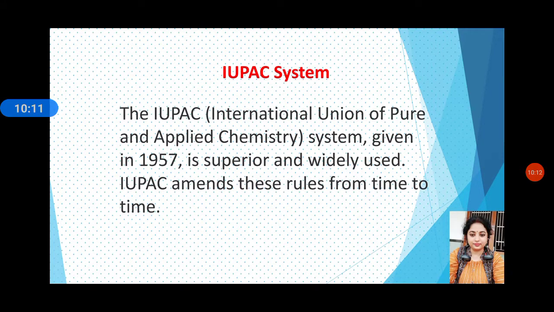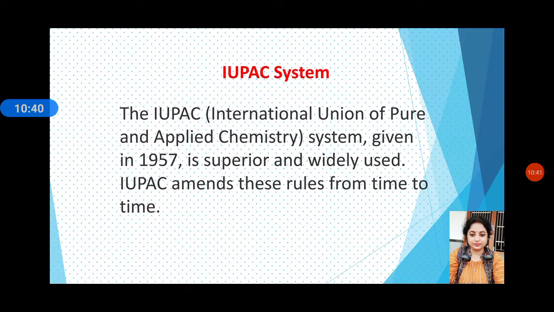I would like to make you aware of some salient features of the IUPAC system. Number 1, a given compound can be assigned only one name. Number 2, a given name can clearly direct the writing of one and only one molecular structure. Number 3, the system can be applied in naming complex organic compounds.